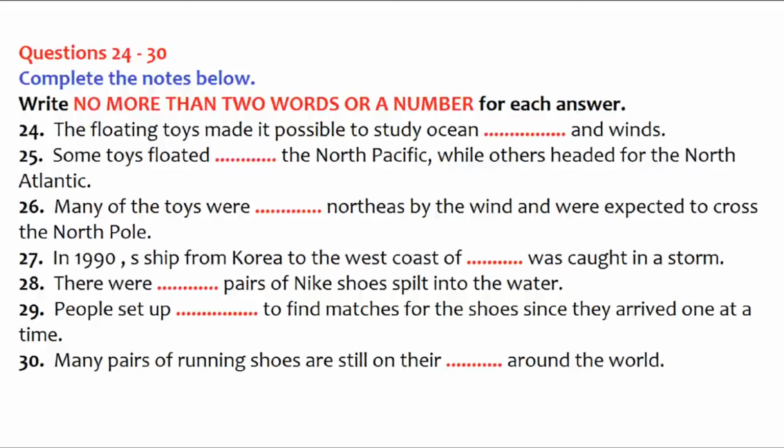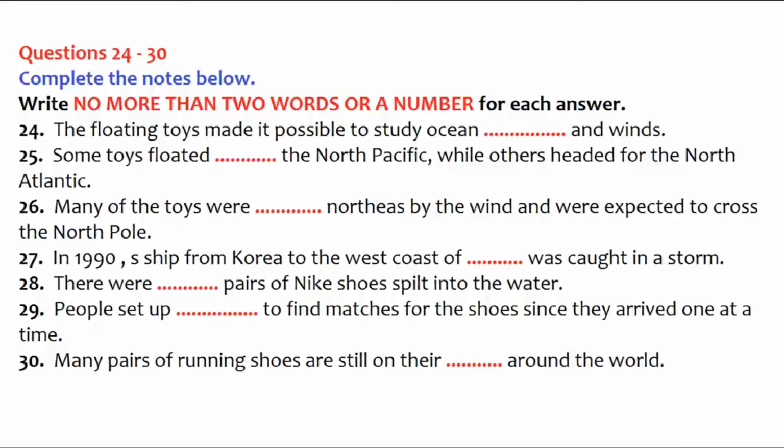The first toys were picked up in Sitka, Alaska, 10 months after they were washed off the ship. Some headed back into the North Pacific, while others drifted around the Arctic Ocean and headed for the North Atlantic. Many of the toys were swept northeast by the wind and were frozen in the ice of the Bering Sea. They're expected to cross the North Pole and float on down to the British Isles.